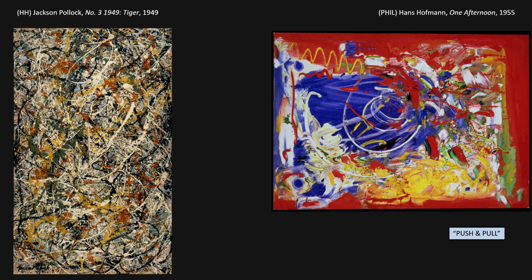It's not achieved via representation. It's not achieved via chiaroscuro, the shading in light and dark, right? It's achieved simply through color and the way in which certain colors recede more than other colors do. That gives you the pull of the push and pull.